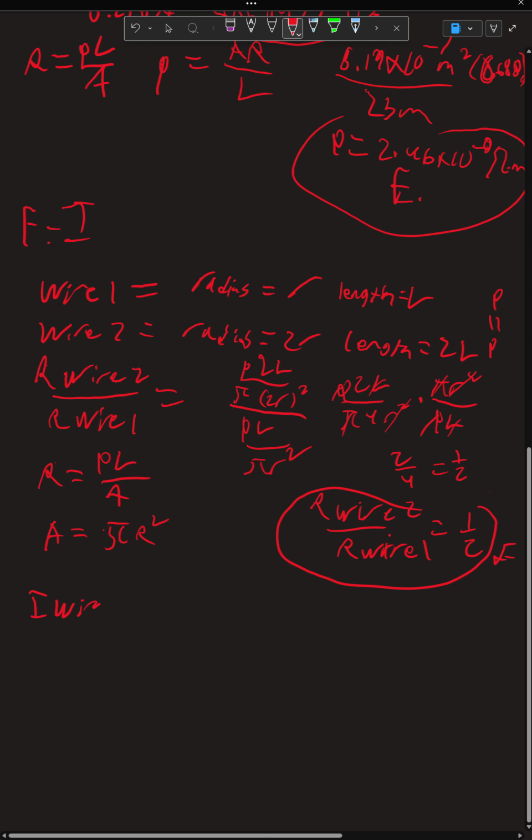So I wire 2 over I wire 1 is going to equal, so we just use another formula, very simple.